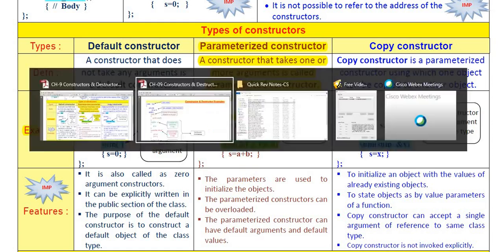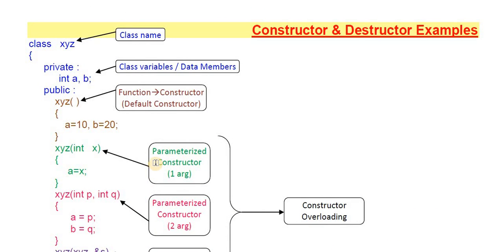So here you can see in this programming example also. First this xyz is also a constructor, because the class name is xyz and the function name is also xyz. So this function is a constructor, but here we are not using any parameter. But see here, xyz, another function.